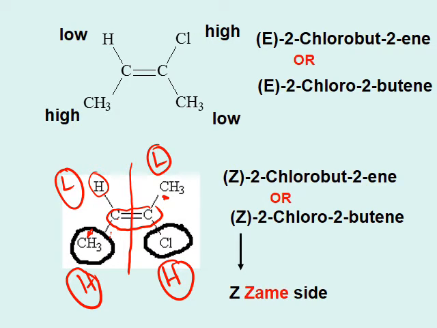Now, if two highs or two lows are on the same side, we call it Z. So in this particular case, we name this compound Z-2-chloro because this is 1, this is 2, this is 3, this carbon is 4.